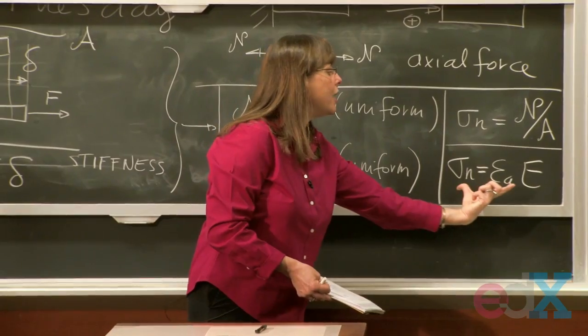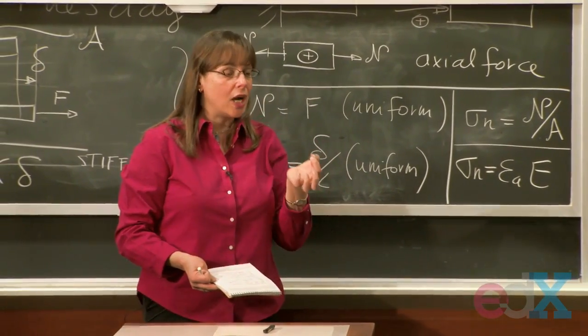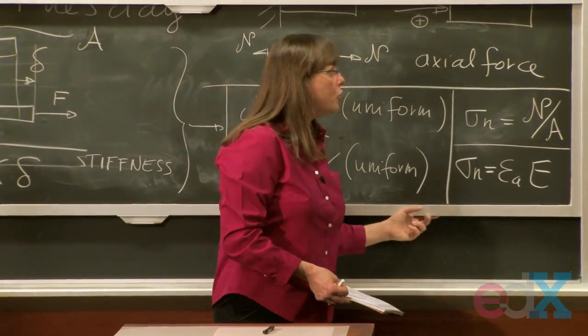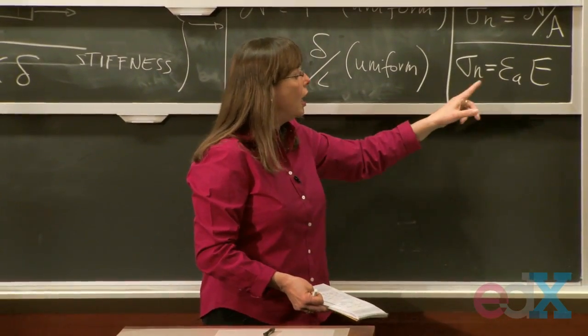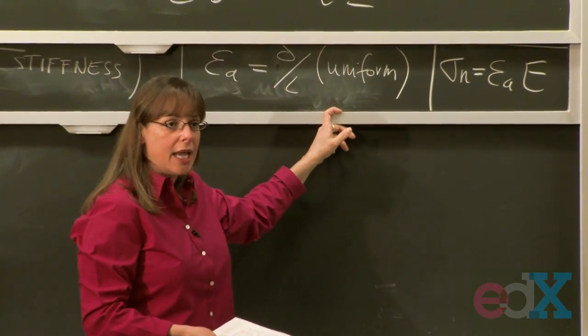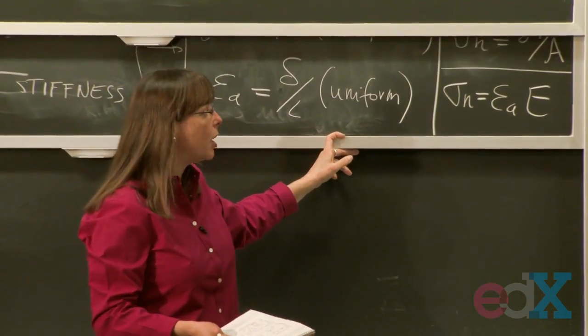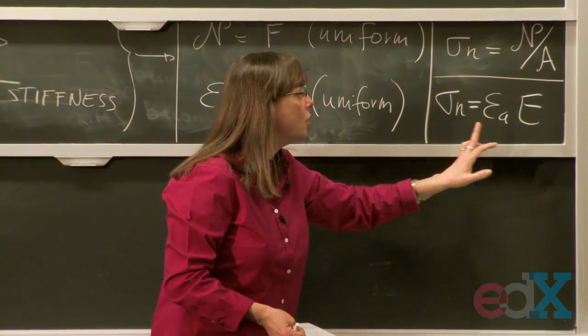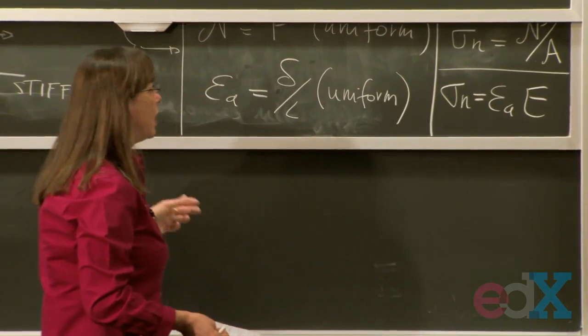And then we introduced a very important concept, which is that the stress relates to the strain through a simple law, which is Hooke's law over here, which is linear in the special case of linear elastic material response. And this quantity here that relates stress to strain is called the Young's modulus, very important.